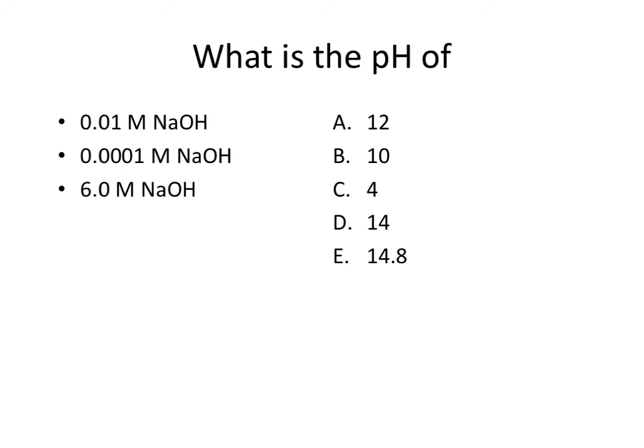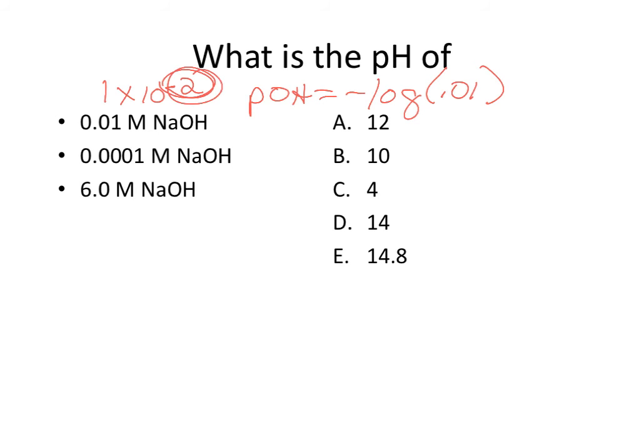Again, when I'm doing pH and pOH, I'd like to write the values in scientific notation because then I can quickly see that the pOH of this, you can plug it into your calculator if you want, but I can see right here that the exponent is -2, and I can just bring that straight down because the coefficient is 1.